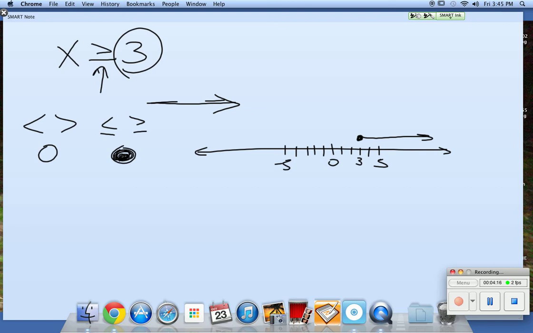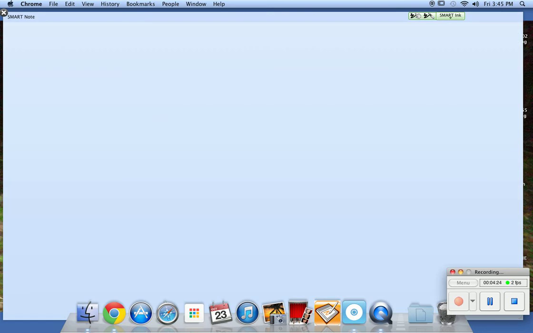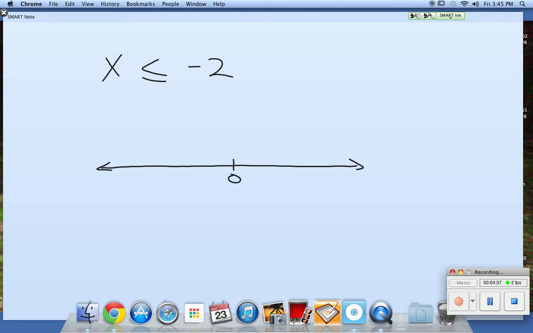This should help you understand how we graph on a number line using inequalities. One more example. Let's say x is less than or equal to negative 2. Make my number line, find my 0. Now, do I have to count out 5 in both directions? No, I really don't.